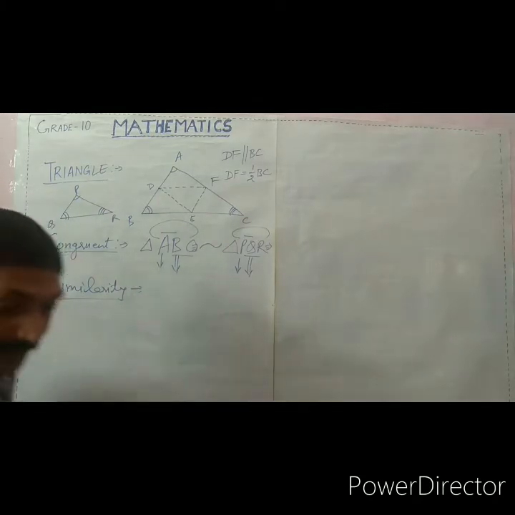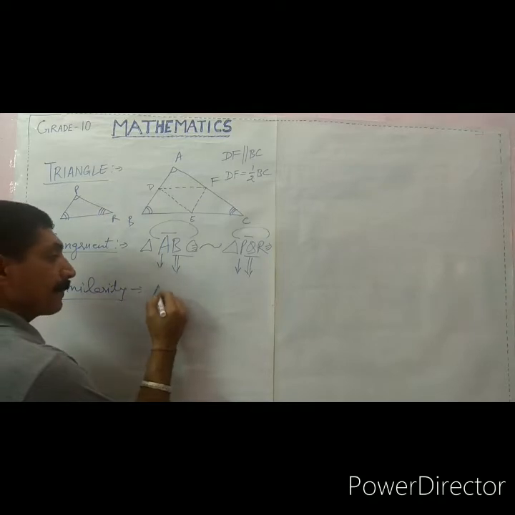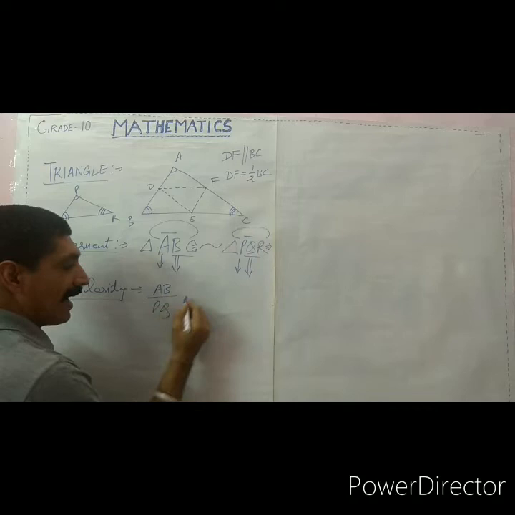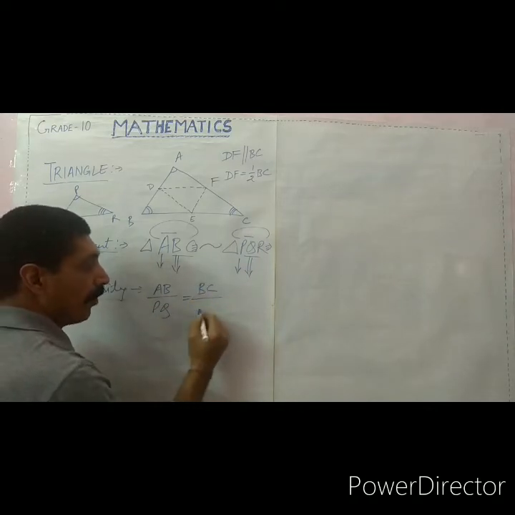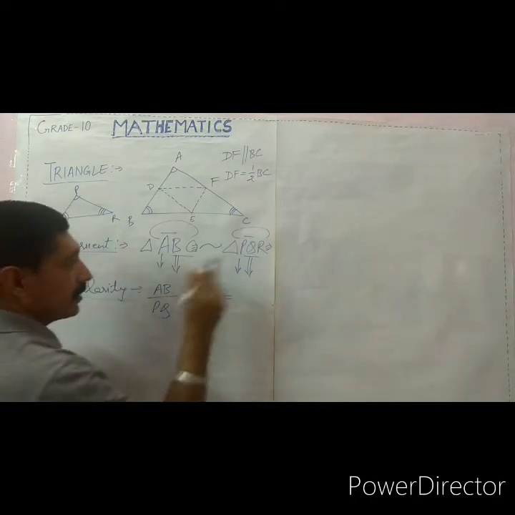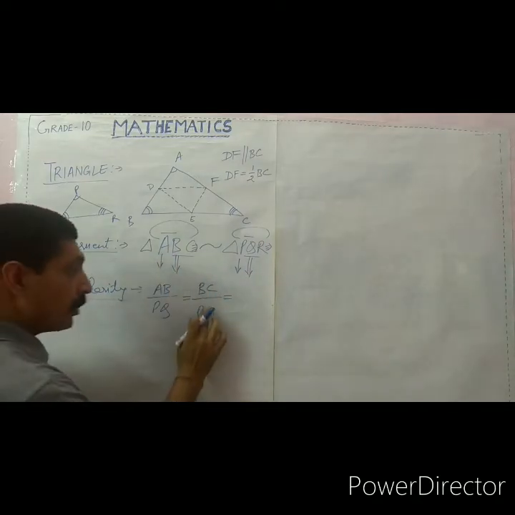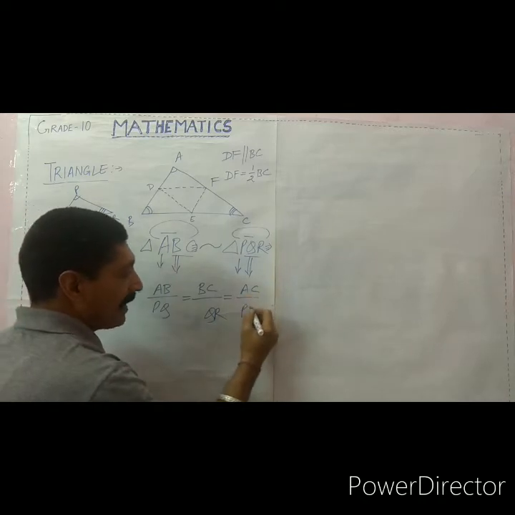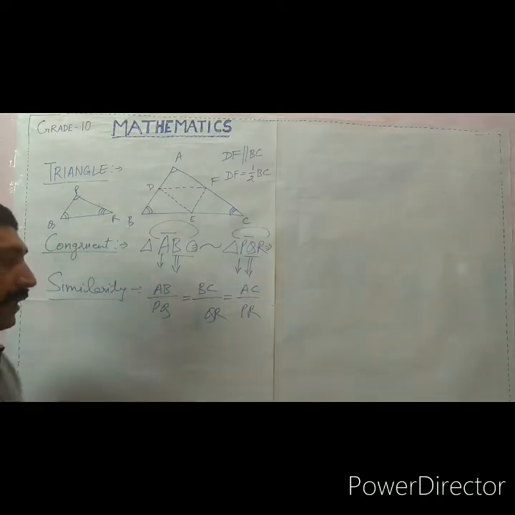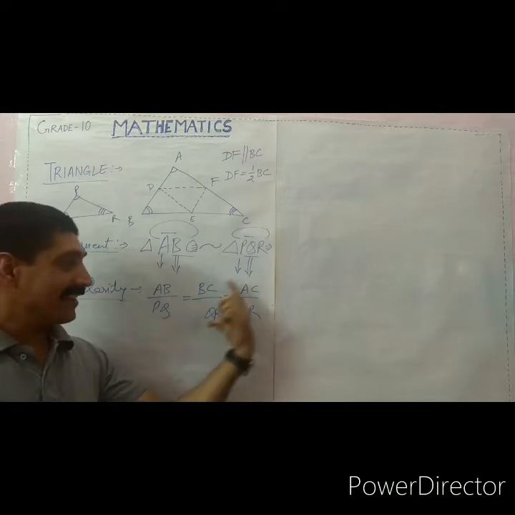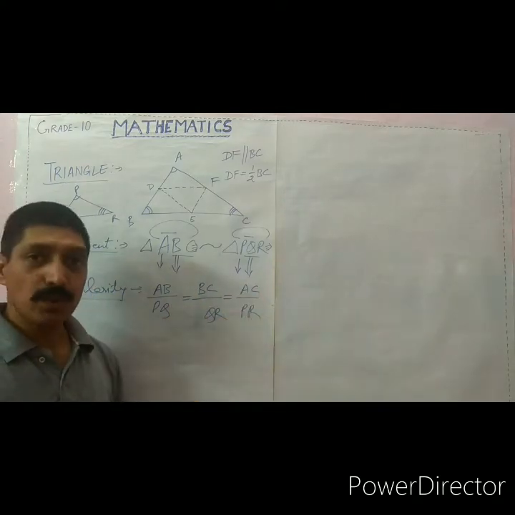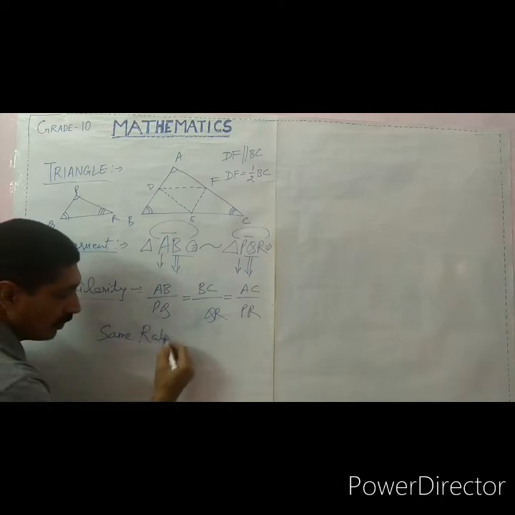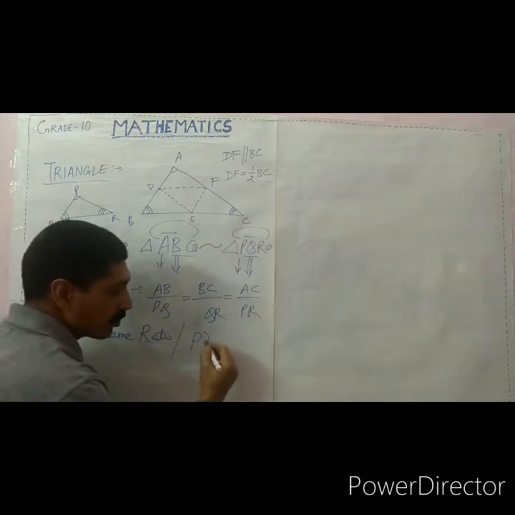Ratio means here AB upon PQ is always equal to BC upon QR, and the third side AC upon PR. These are the three corresponding sides, and they are always in the same ratio, or we say proportion.